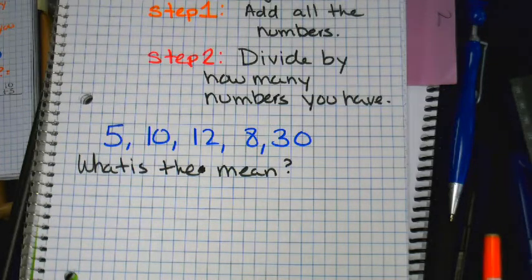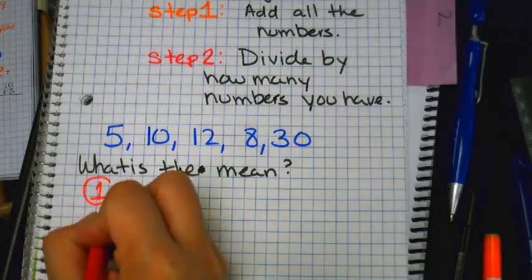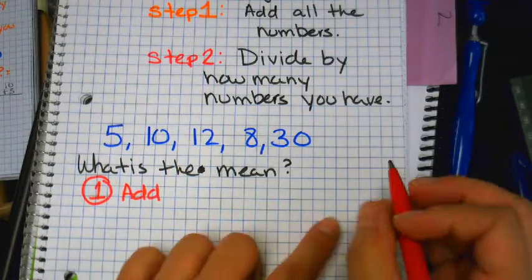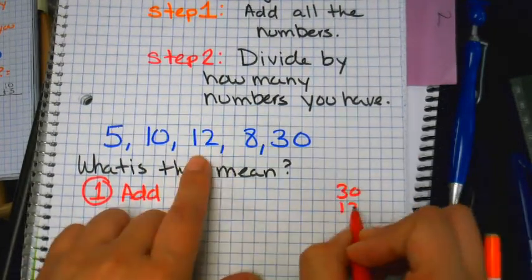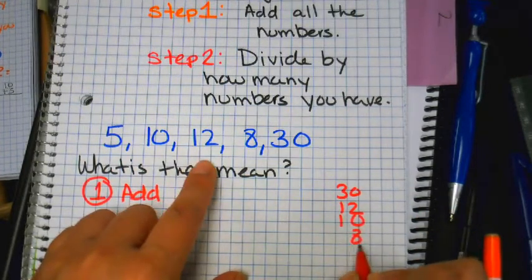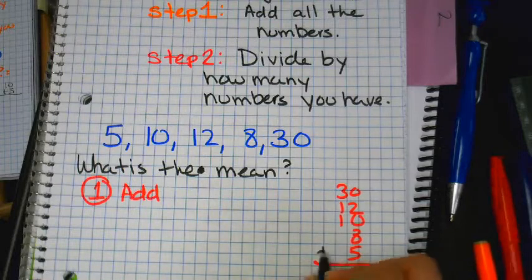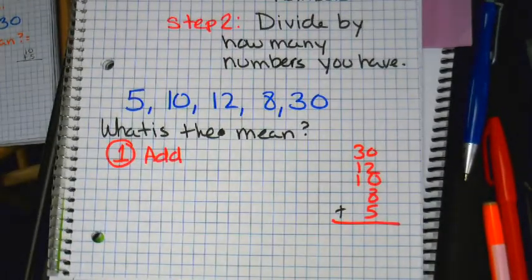So what's the first thing we have to do? Step number 1. What do I have to do? Add all the numbers. All right. So right now, go on the side and add these. 30, 12, 10, 8, and 5. However you want to add them. You want to add 2 at a time, 3 at a time, all of them at a time. You want to use your fingers? Yes. So go ahead and add them.